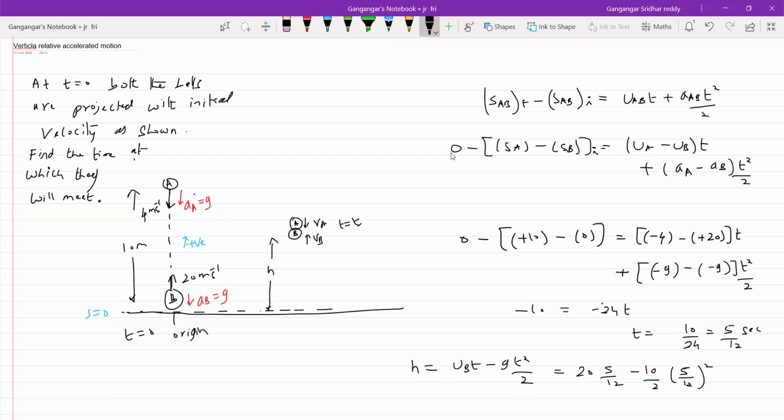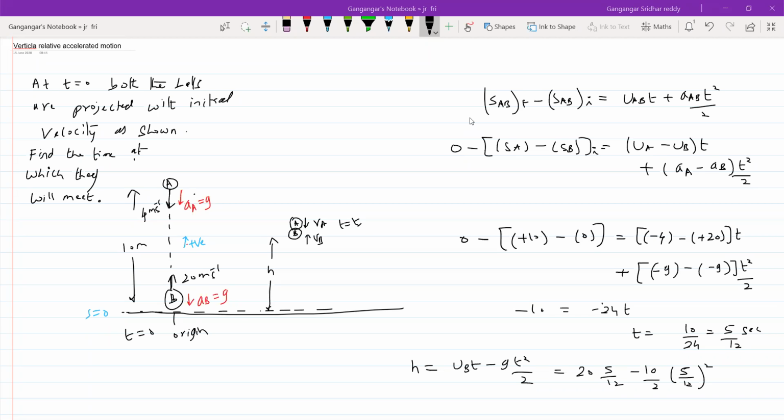Sir, U_A is negative now, sir, minus. As it is going downwards, we took it as negative, sir, our convention. Which one are you asking? The acceleration, sir. Look, we are not putting sign for acceleration or retardation.